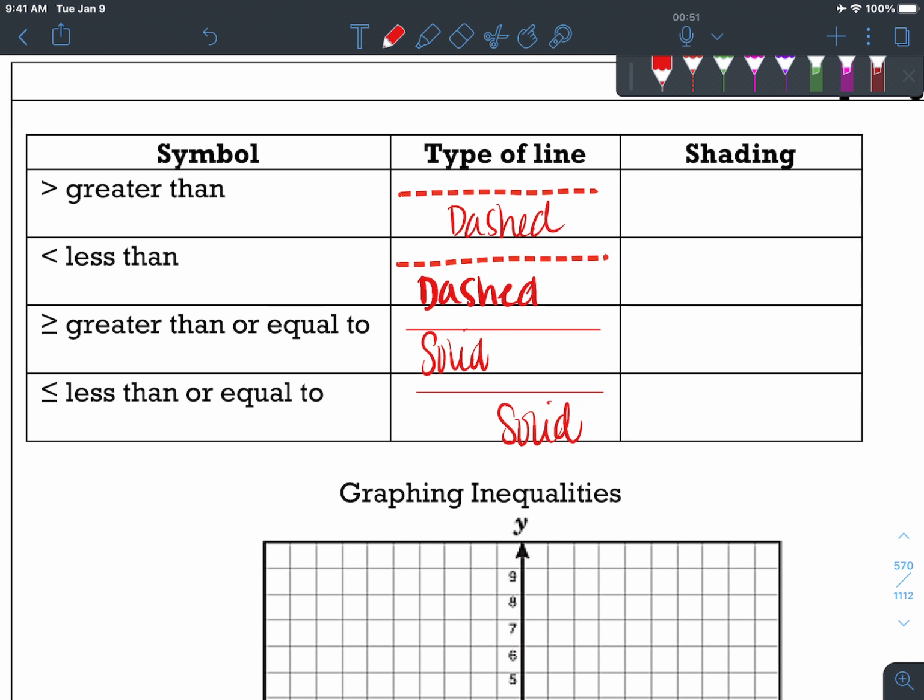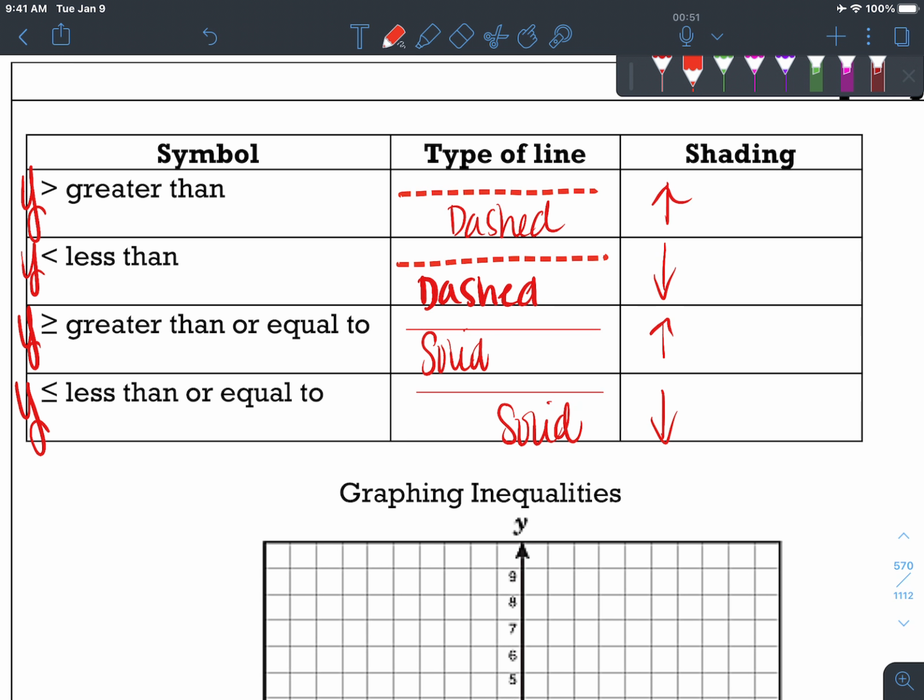Now, let's talk about shading. For each one of these, they'll have a y on this side. And all I have to do is ask myself, are they asking for the bigger y's or the smaller ones? If my symbol is opening towards my y, they're asking for the bigger ones. They want my y's to be shaded in that are bigger than the equation. So here I would shade up, here I would shade down, up, down.